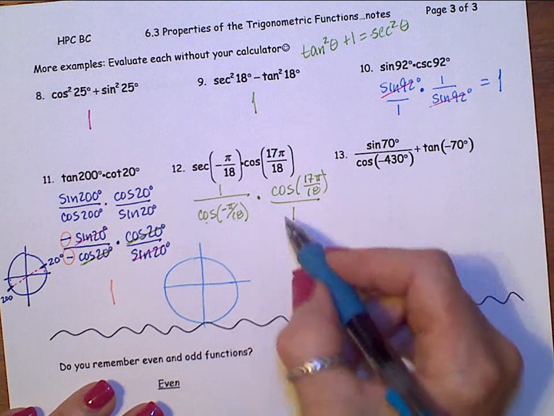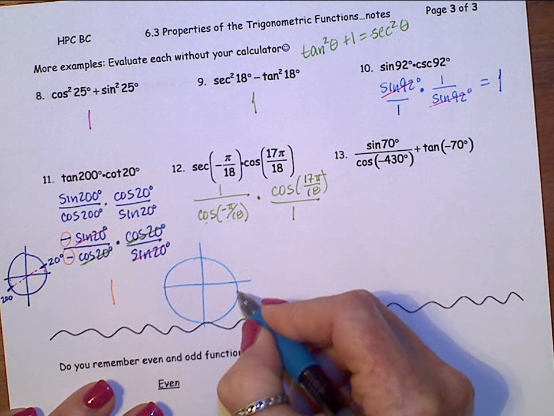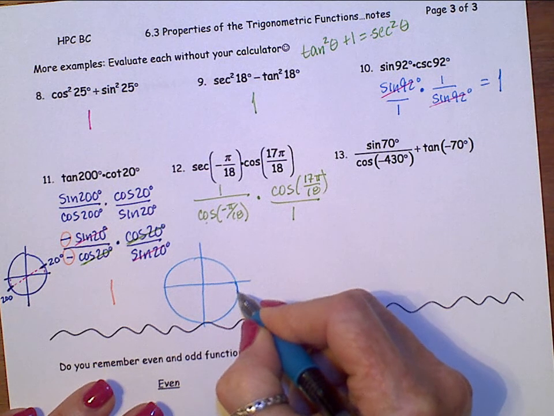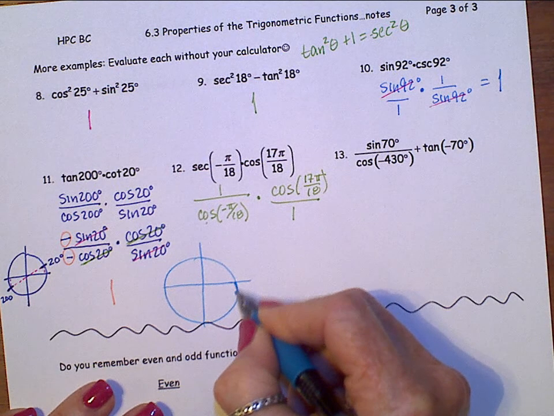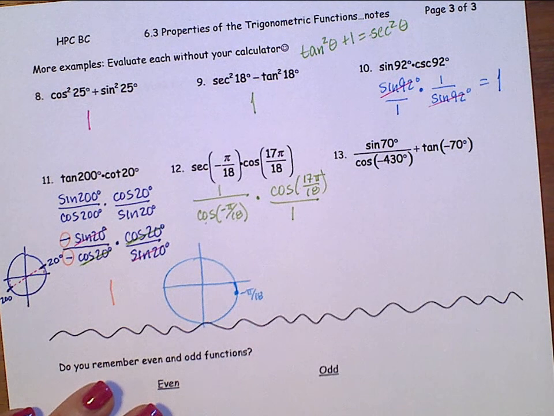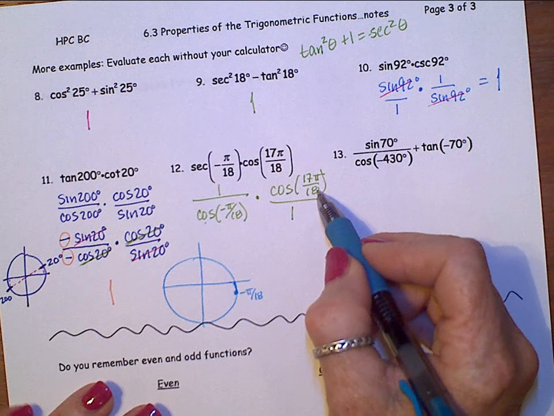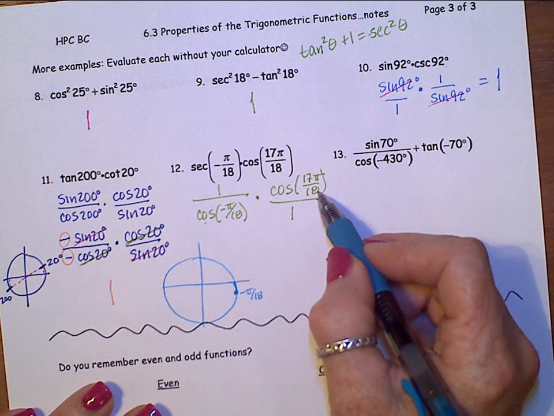All right, negative pi over 18, down pi over 18, so this much down. There's negative pi over 18. 17 pi over 18, where's that? Well, that's 1/18 shy of pi.